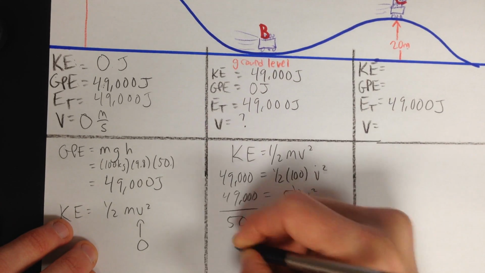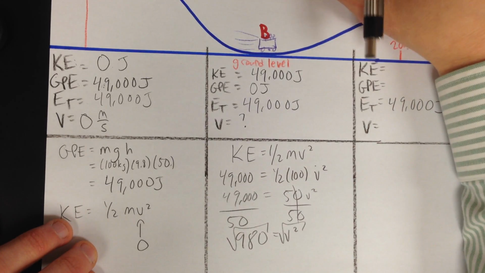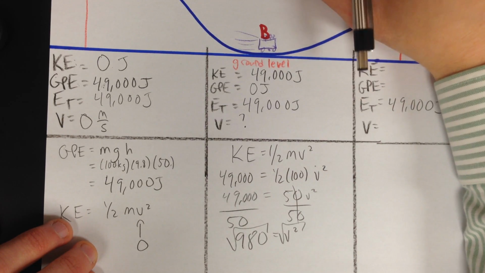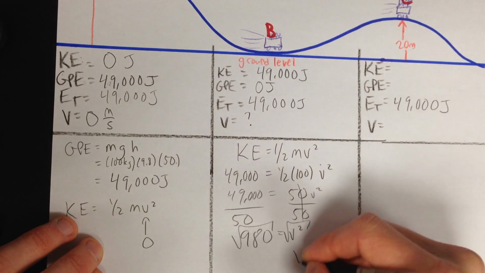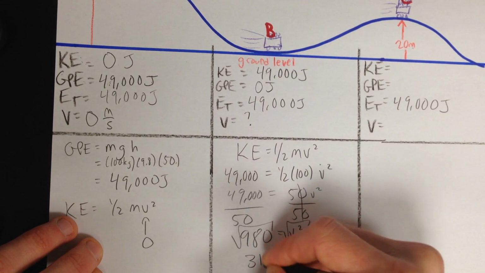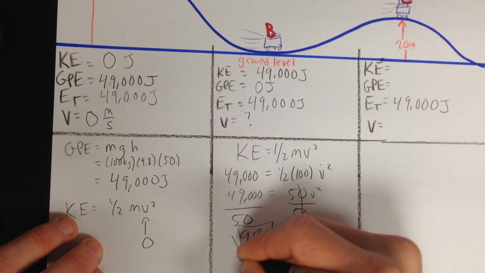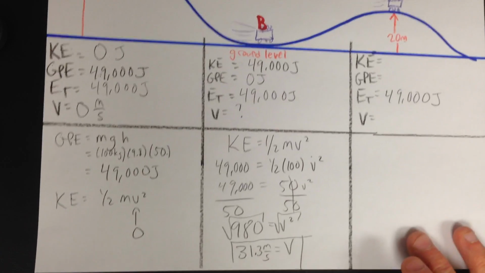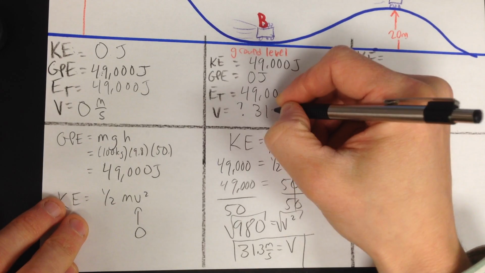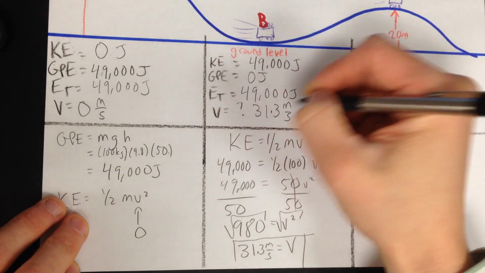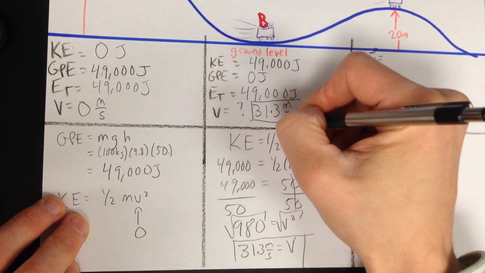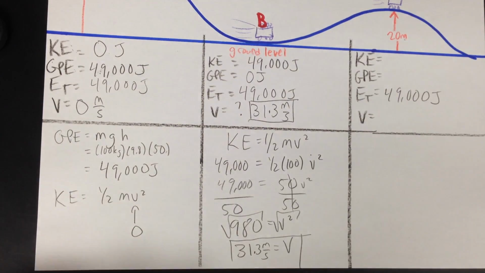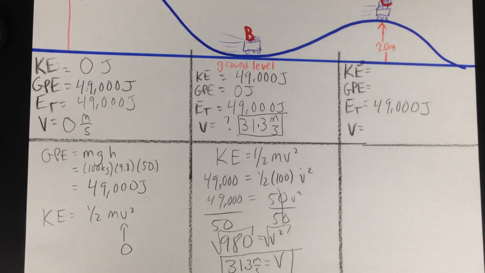And you could take the square root of 980 and you get the velocity. Do this on your own calculator just to practice. So you get 31.3 meters per second. It's the velocity. So at ground level, all of your energy is kinetic, and you could just use that to calculate your velocity.